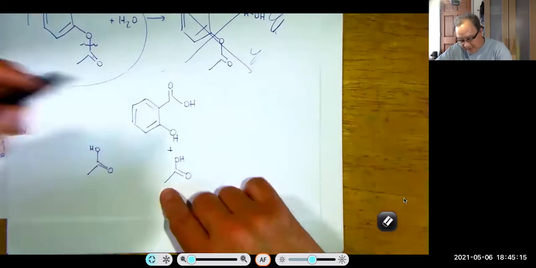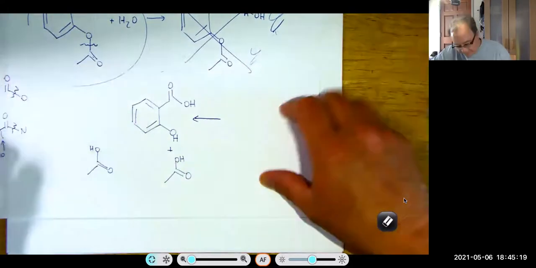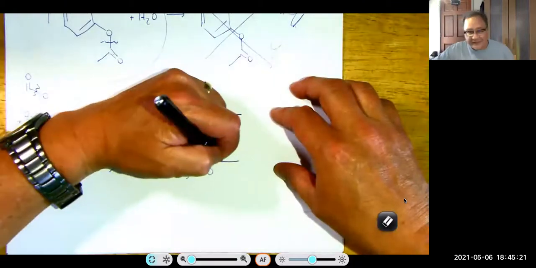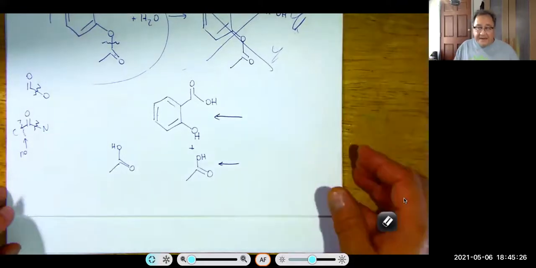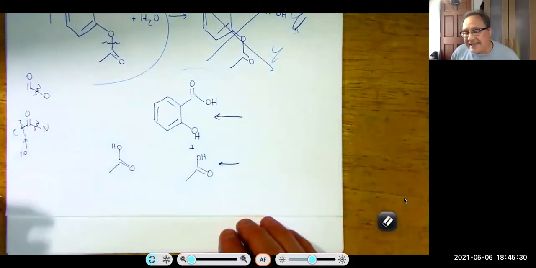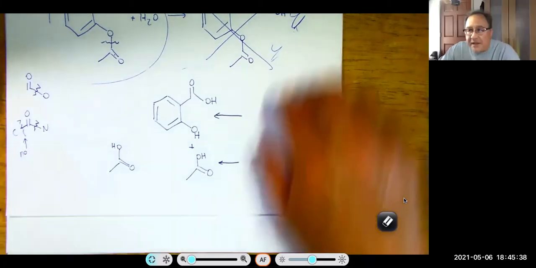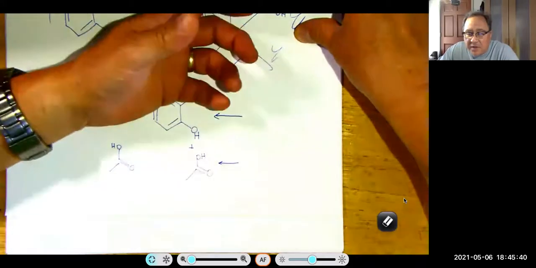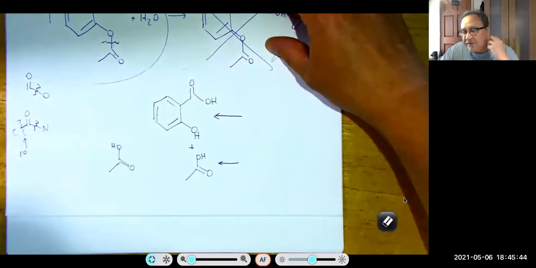Well, you're not going to smell salicylic acid because it's a solid, but this is acetic acid. Acetic acid can turn into a gas fairly easily. So if you smelled acetic acid, what would pop into your head? Vinegar. So if you smell that tablet after you put it in the hot water for a little while, it's going to smell like a faint odor of vinegar coming off of it.